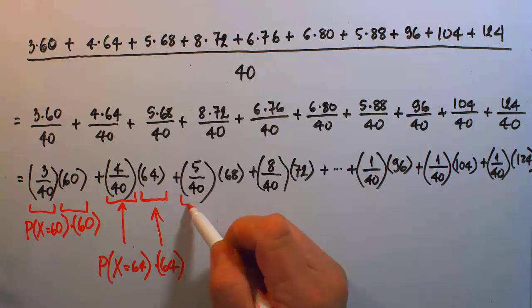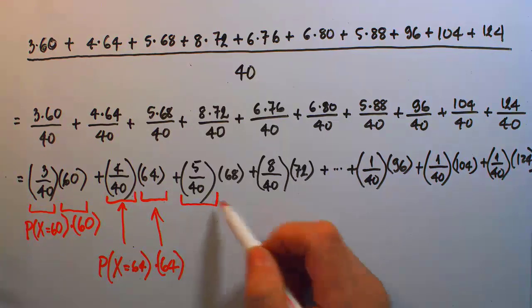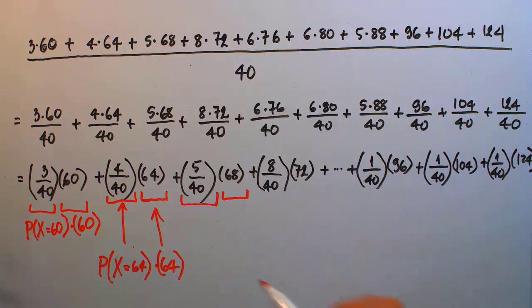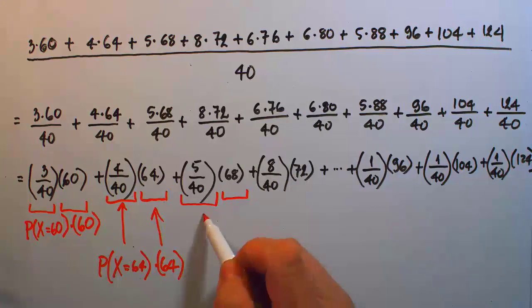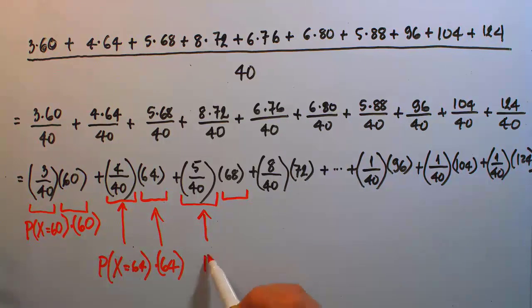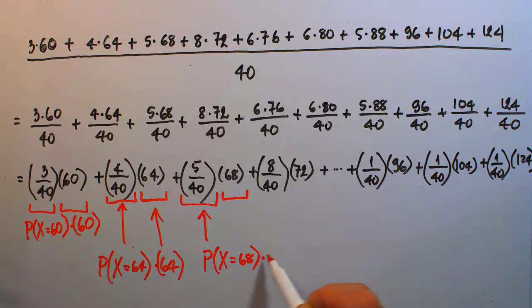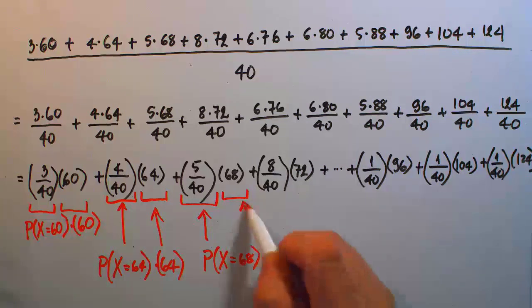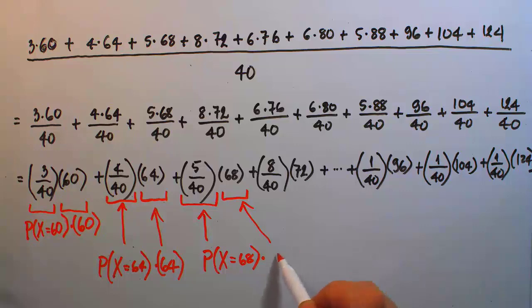Once again we can see that in the third term right here, the 5 out of 40 is to be understood as the probability from our probability distribution when X equals 68, and we need to multiply that probability with this actual value 68.